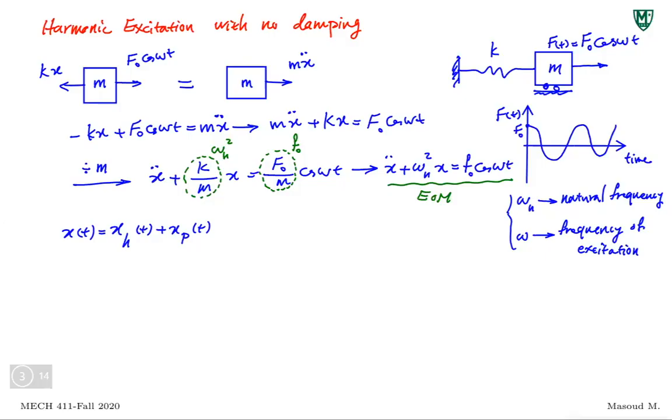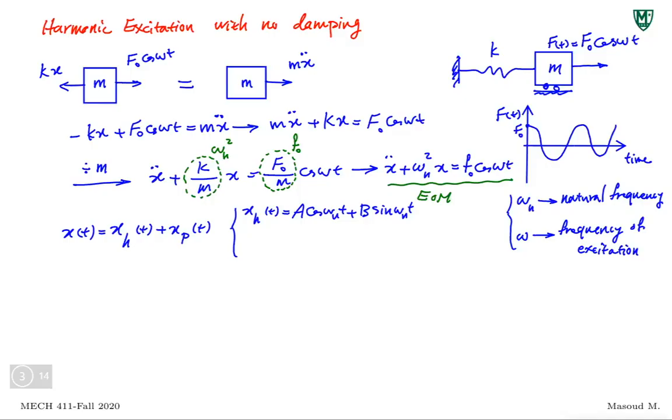The homogeneous part is what we have from before. It's not new. We saw it when I was talking about Coulomb damping, for instance, more recently. We just put some constants. It's in the form of a cosine omega n t plus b sine omega n t.